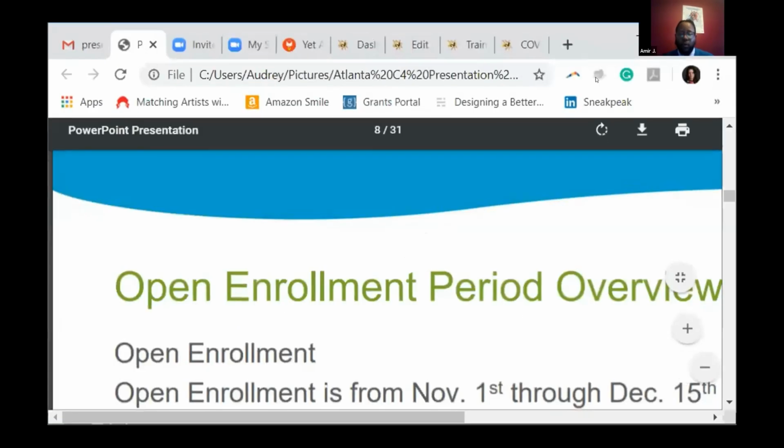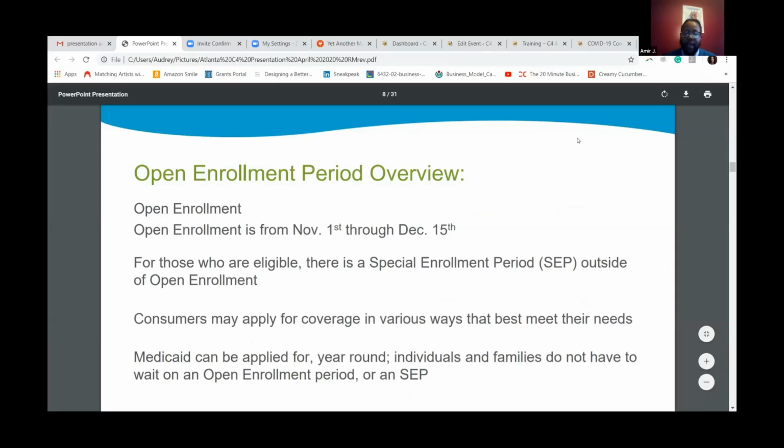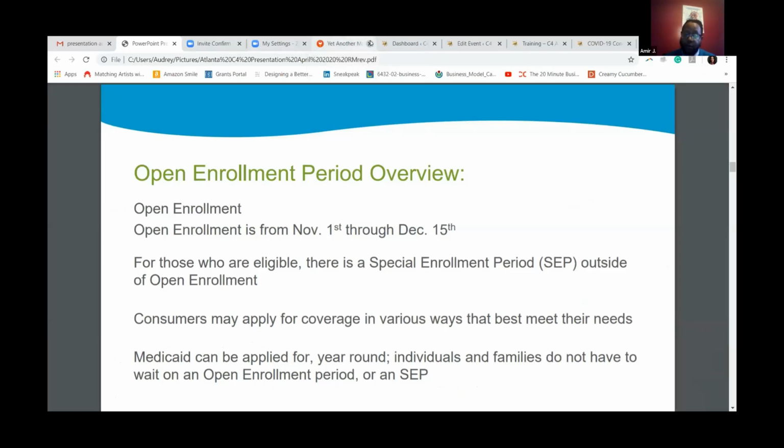So the time that we're in currently right now is our special enrollment period. In a few moments, we'll talk about what those eligibility requirements are for a special enrollment period. But once again, know that in the wintertime, that's our open enrollment period. Medicaid applications are accepted throughout the year. So in that respect, know that there isn't an open enrollment or a special enrollment for Medicaid applications.